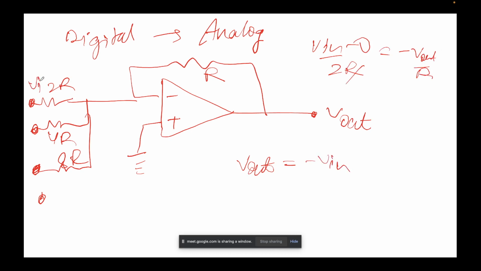Let's call this V in 1, the first bit, and V in 2, so it will be V in 1 by 2 minus V in 2 by 4 minus V in 3 by 8. The form looks something like this. So it's a type of adder circuit. Using an adder circuit of an operational amplifier, we can convert digital to analog. More details I'll look up in the next class.